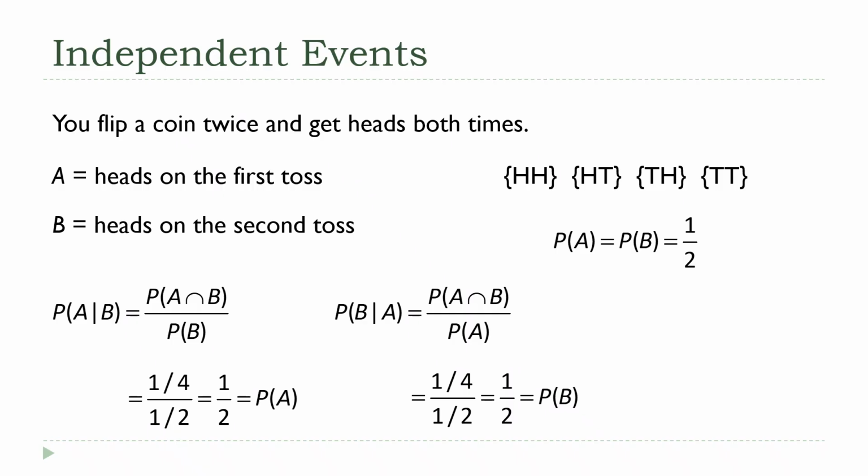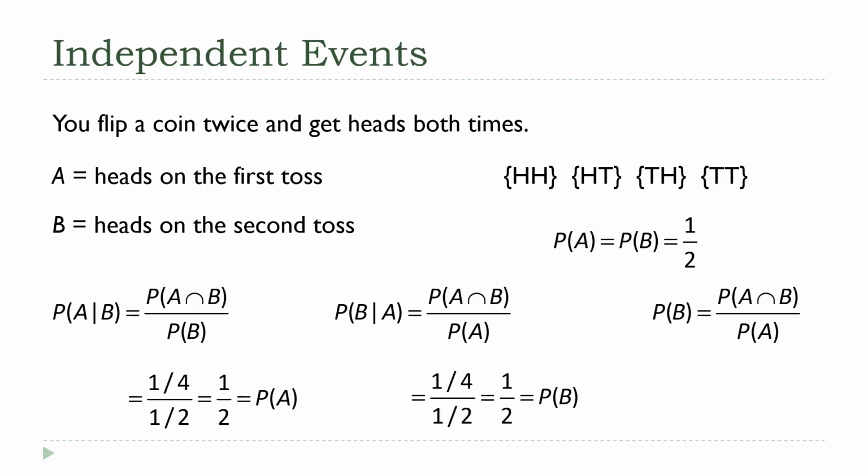Okay, so here's how I'm going to put these together to get our definition of independent events. The probability of B is equal to the probability of the intersection of A and B divided by the probability of A. What I did there is I took the probability of B given A formula, so that's the second column, and I replaced the probability of B given A with the probability of B, just straight substitution.